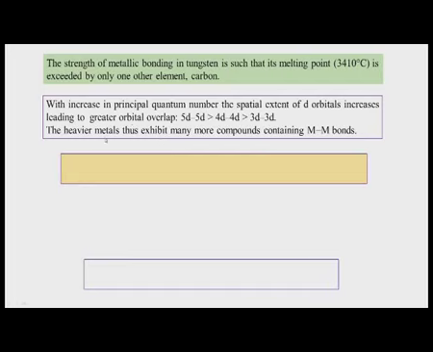So, heavier metals thus exhibit many more compounds containing metal bonds. Which is also true, because we will not have that much time to discuss the compounds having metal bonds, but we are talking about the metal interactions in the metallic bonding in the metal itself.